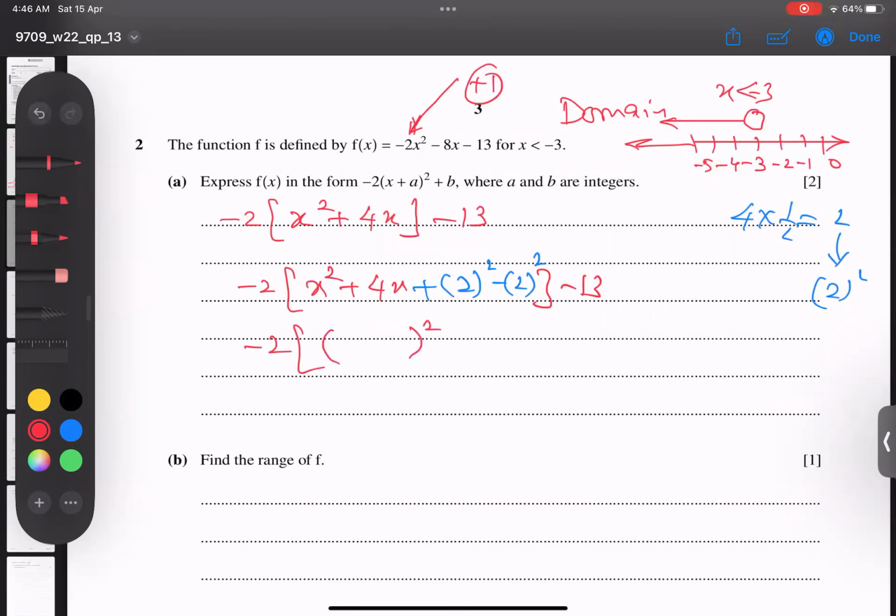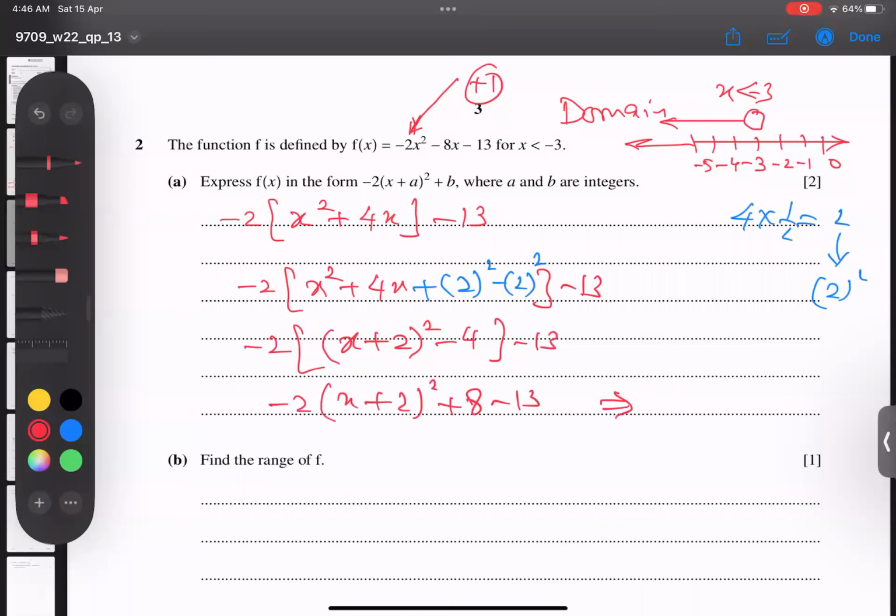Under bracket power 2, this x comes from here, plus comes from here, and this value 2 comes here. So it means x plus 2 comes here. And this minus 2 squared gives minus 4 in the bracket. And now multiply -2 here and -2 with this number.